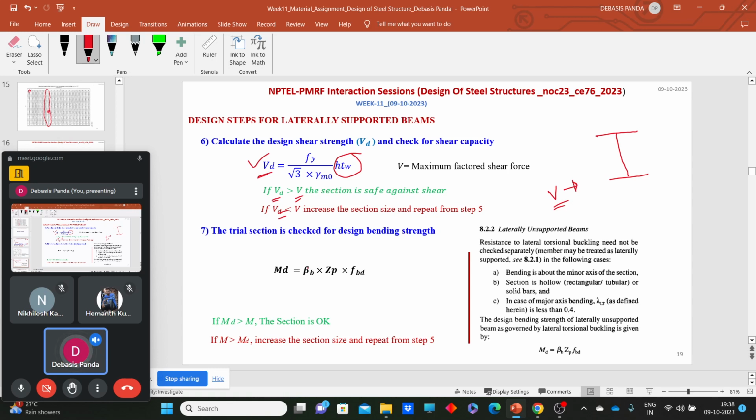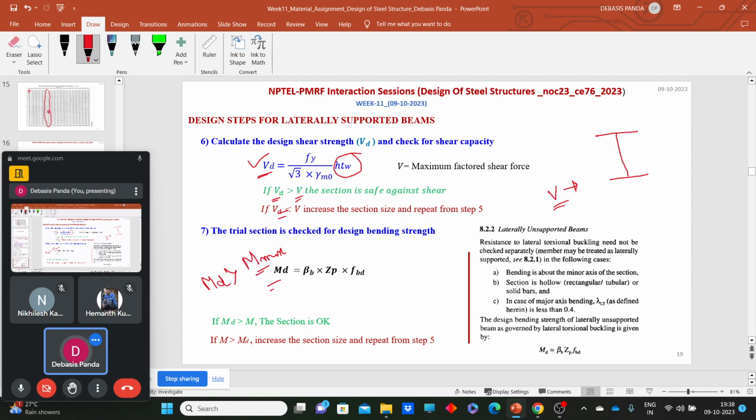If this step passes, then we need to calculate the bending capacity. How we calculate the design bending capacity, we have just seen using one example. If that design bending capacity Md is more than the maximum bending moment induced due to the application of load, then the section is okay.